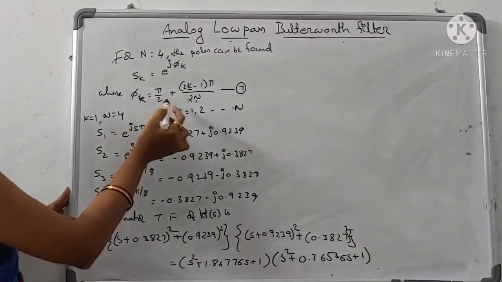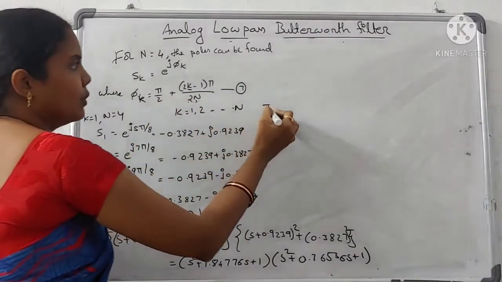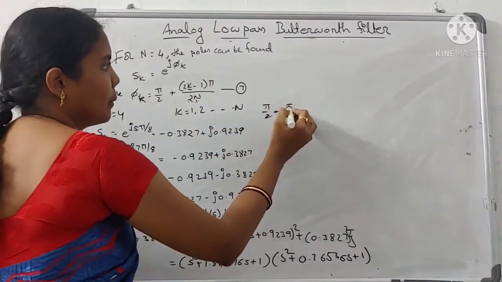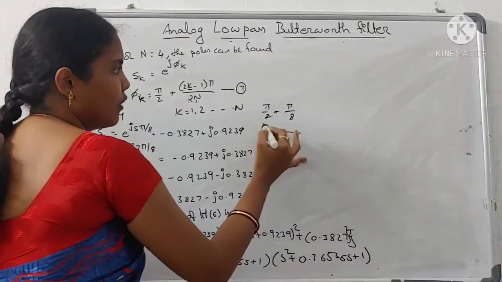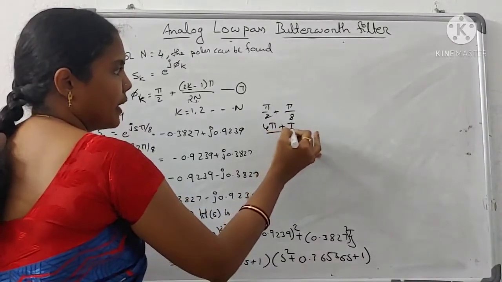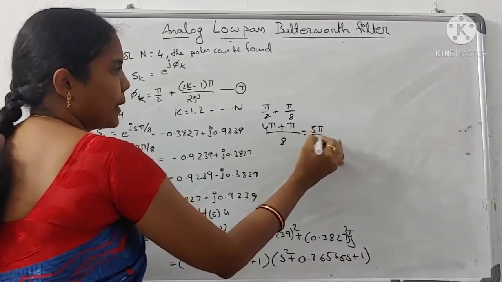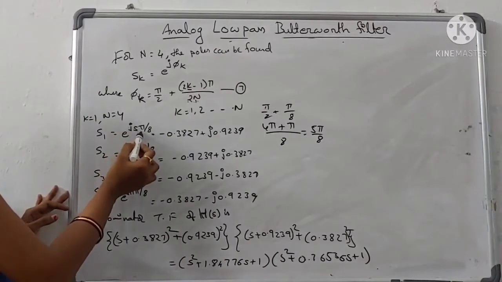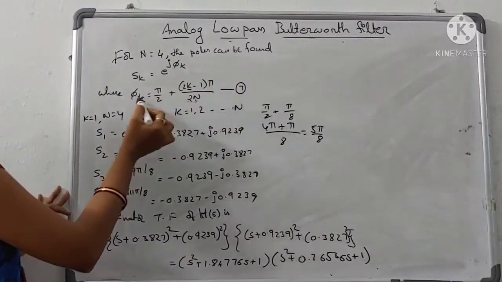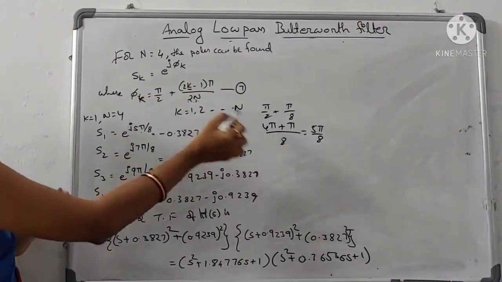So pi by 2 plus pi by 8. LCM is 8, so 4 pi plus pi, that is 5 pi by 8. So e power j 5 pi by 8. So pi k value is 5 pi by 8.